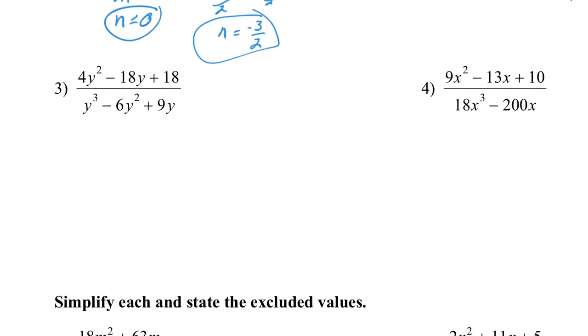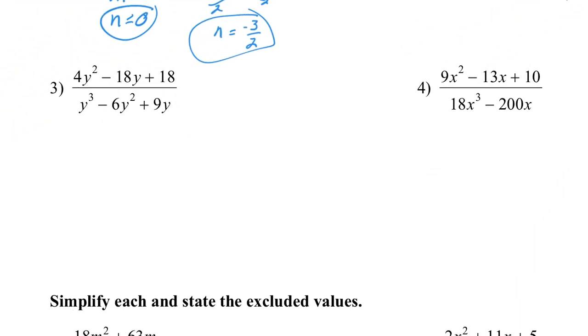Okay, number 3. If we factor out, let's see, we can't divide 18 by 4, but we can divide them all by 2. So I'm going to factor out the 2. That'll leave me with 2y squared minus 9y plus 9. And then I can take this.